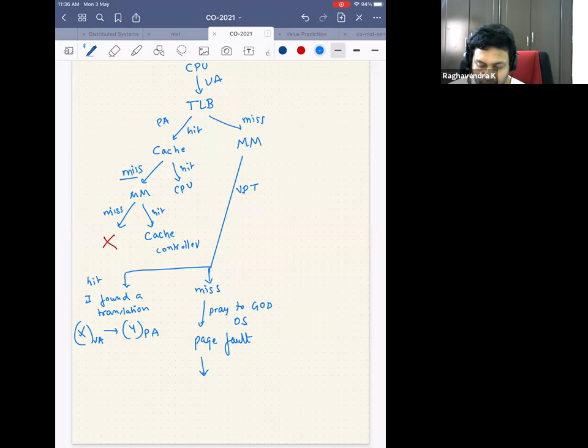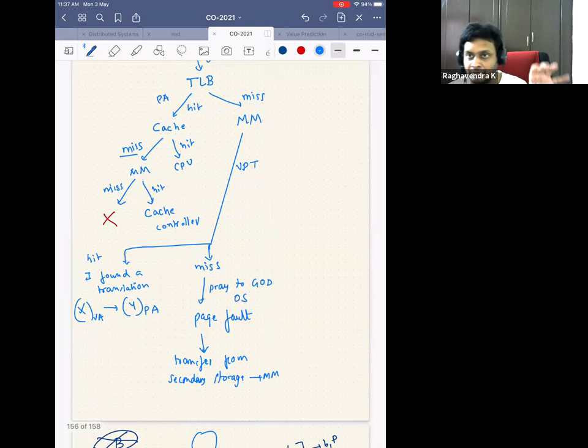Right? So now the transfer happens. At some point after the page fault, there is a transfer from secondary storage to main memory. And then there might be some data that you are writing from the main memory to secondary storage because you are replacing something that was already updated.